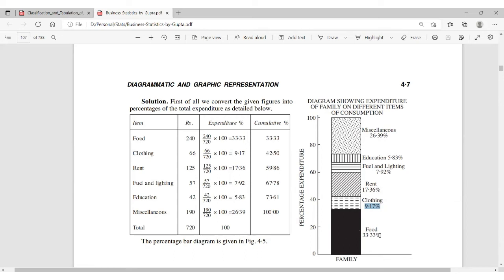So this shows the food, that is 33.3. The next one is clothing. The cumulative is 42.5, because we have divided into 100. We put 42.5 somewhere above this, make a line again, and shade in a different pattern. It shows that on clothing we spent 9.17.